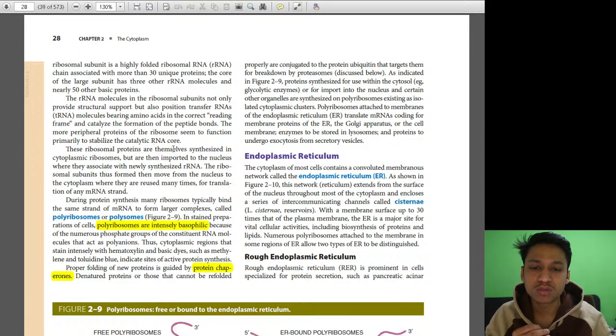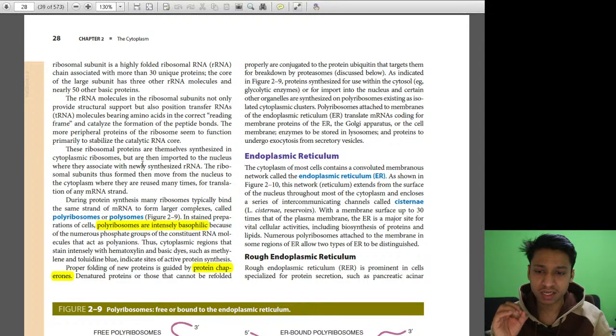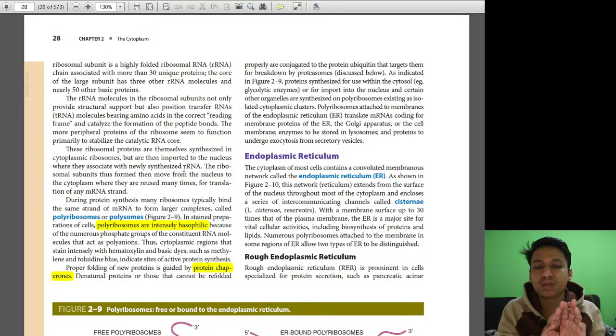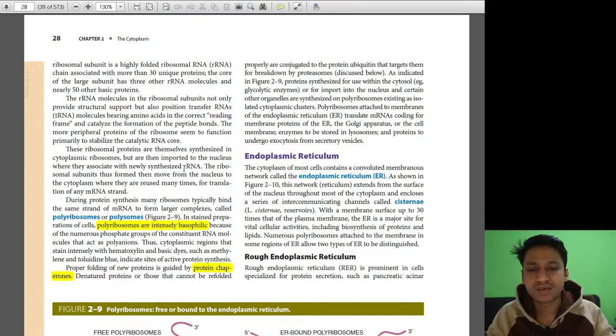These ribosomal proteins are themselves synthesized in cytoplasmic ribosomes, but are then imported to the nucleus where they associate with newly synthesized rRNA. So ribosomal proteins are themselves synthesized in the cytoplasmic ribosome, but these proteins travel to the nucleus, where they get associated with newly synthesized rRNA.